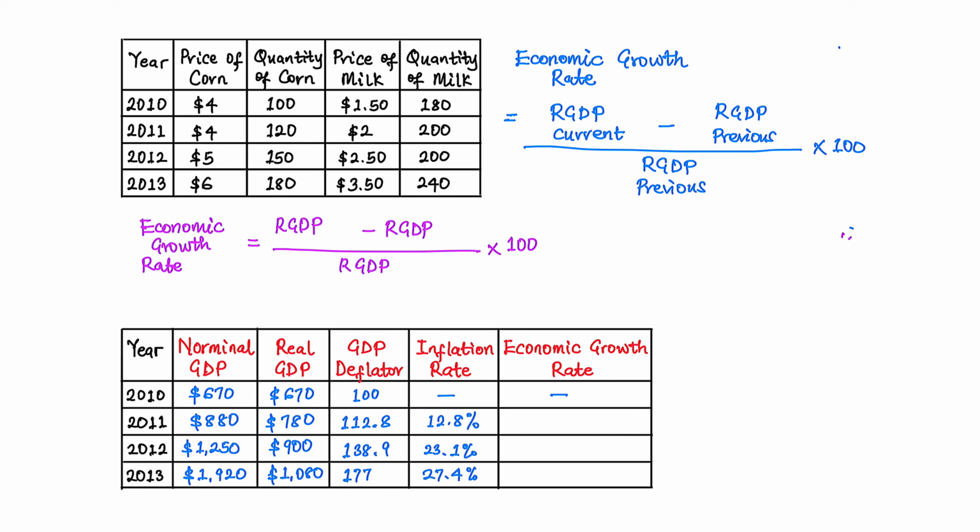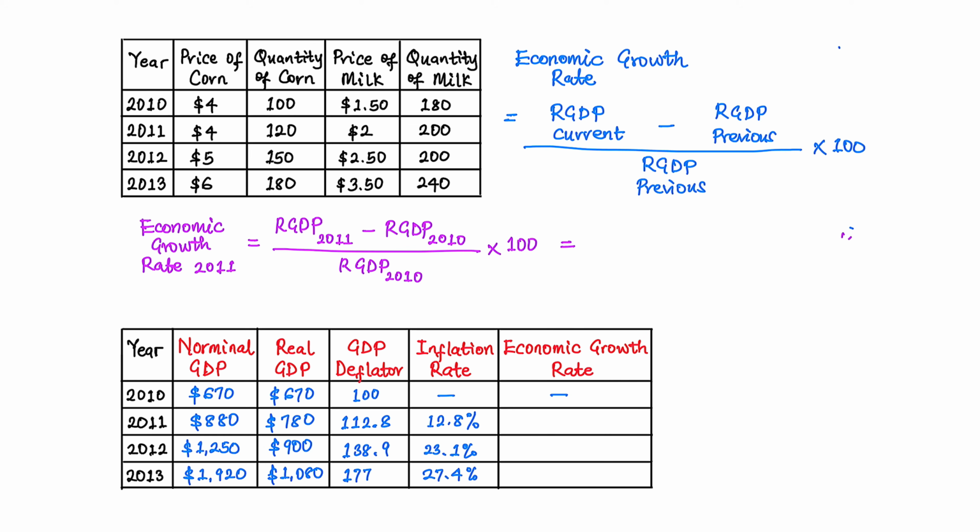So economic growth rate in 2011 equals real GDP in the current year, which is 2011, minus real GDP in the previous year, which is 2010, divided by real GDP in the previous year, which is 2010, everything multiplied by 100. So let's put in the values.